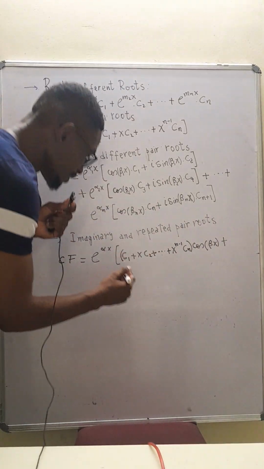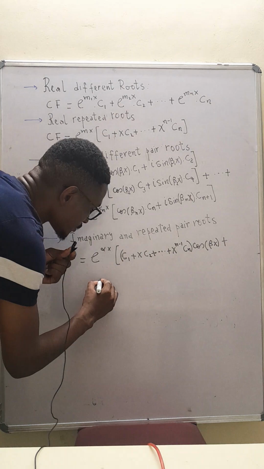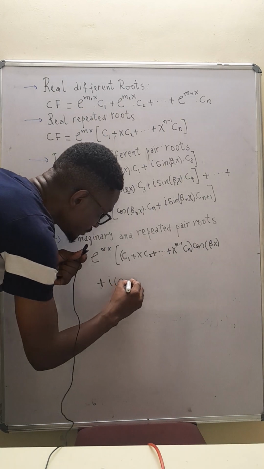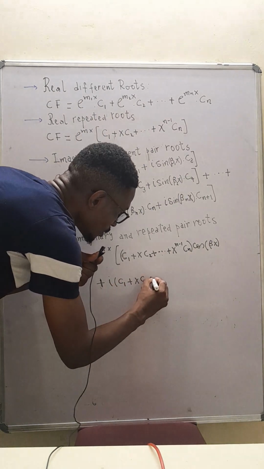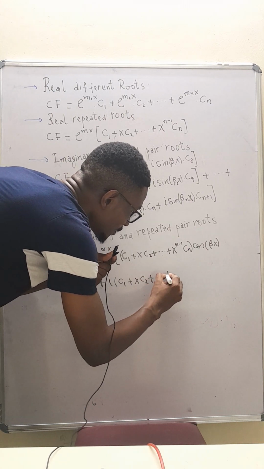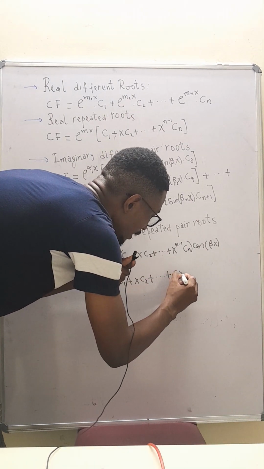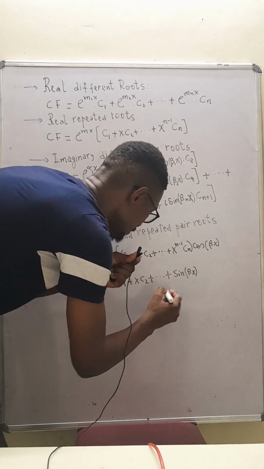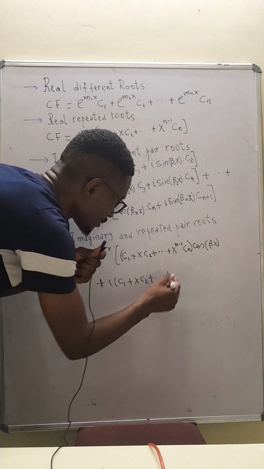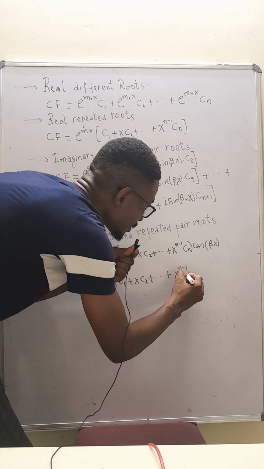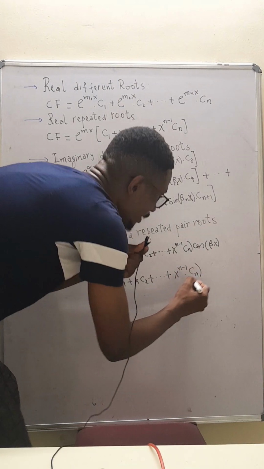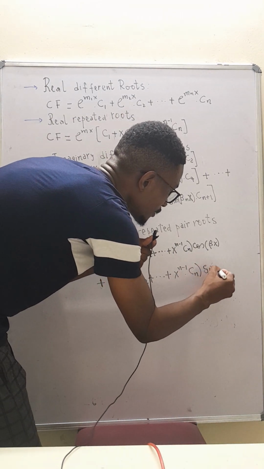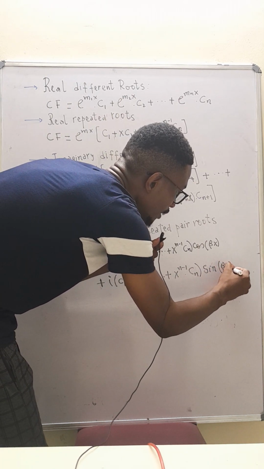And the same will happen here: plus i times C1 plus x C2 plus infinite sum, plus x raised to n minus 1 times Cn, close bracket, times sine of beta x.